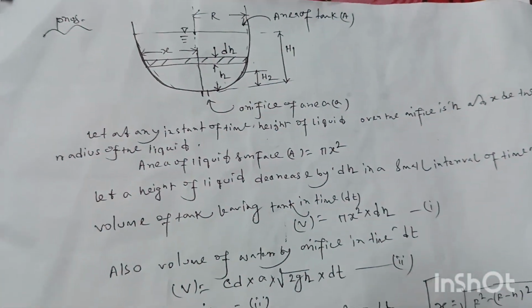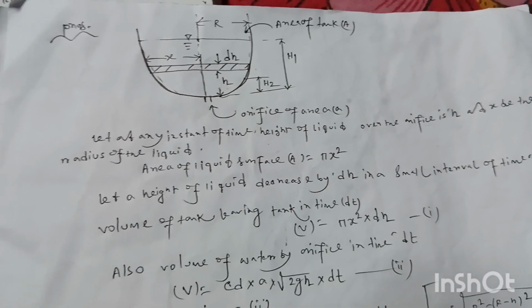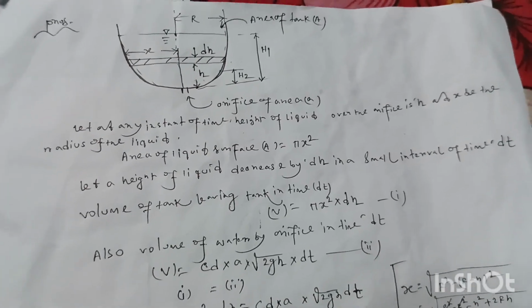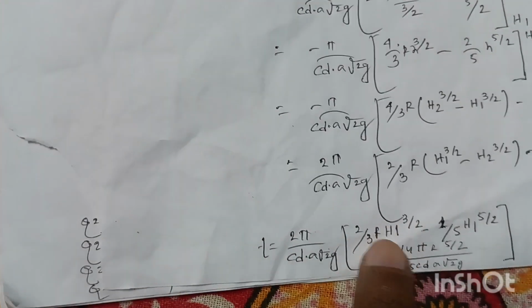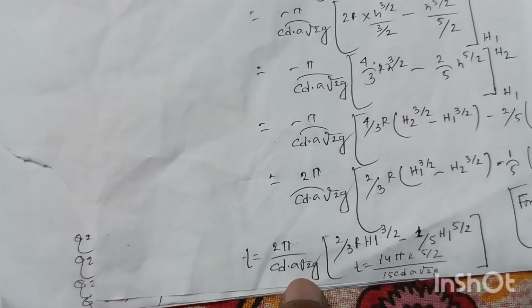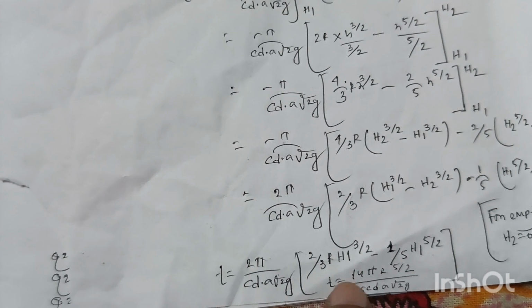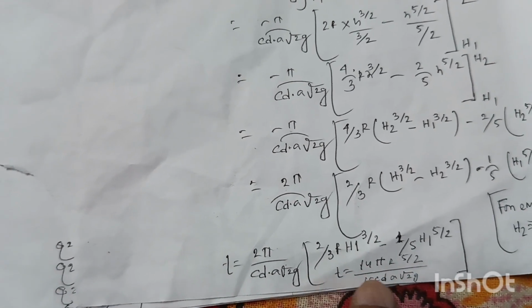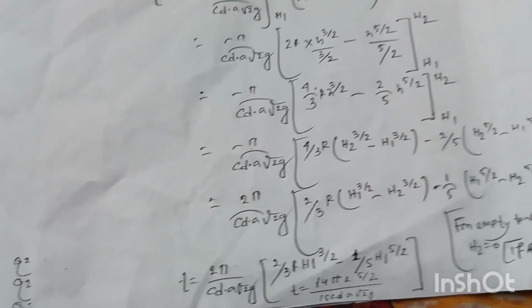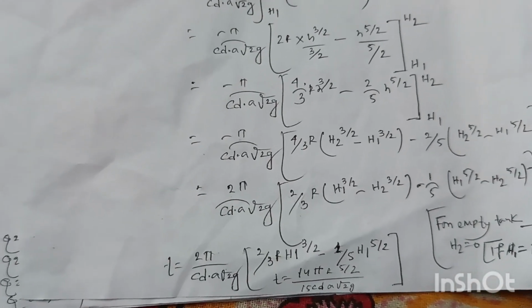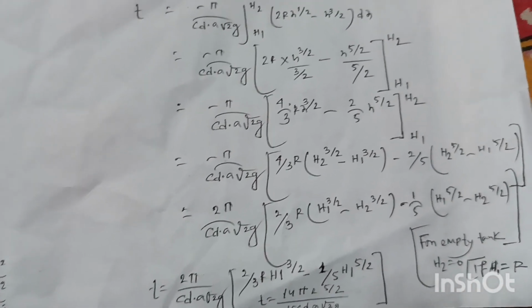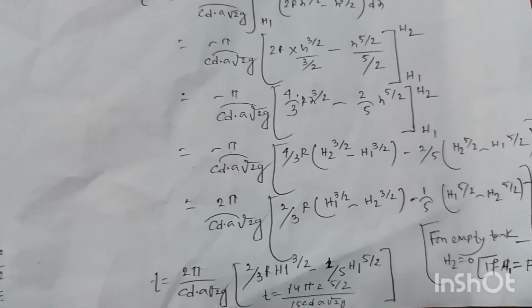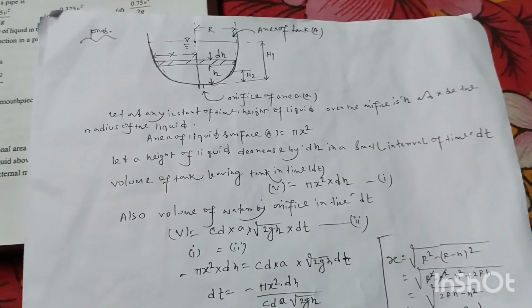So if we put h1 equal to r into this equation, we will get the time required to completely empty the tank as T equal to 14 pi into r to the power 5 by 2 divided by 15 Cd into a into root over 2g. Here we put h1 equal to r, which is the radius of the hemispherical tank. In this way the derivation is done.